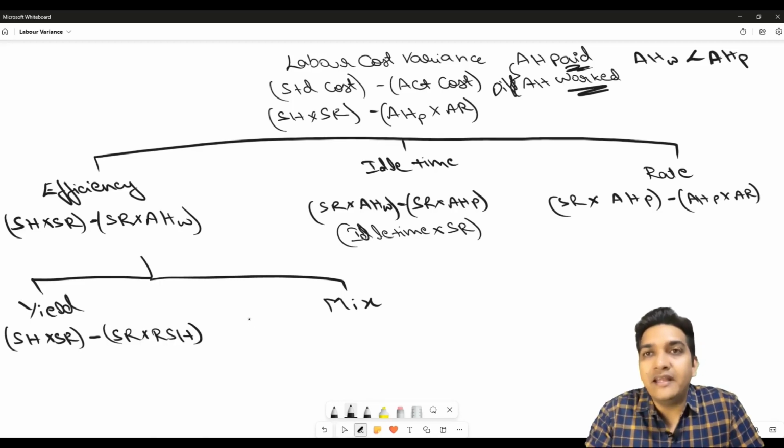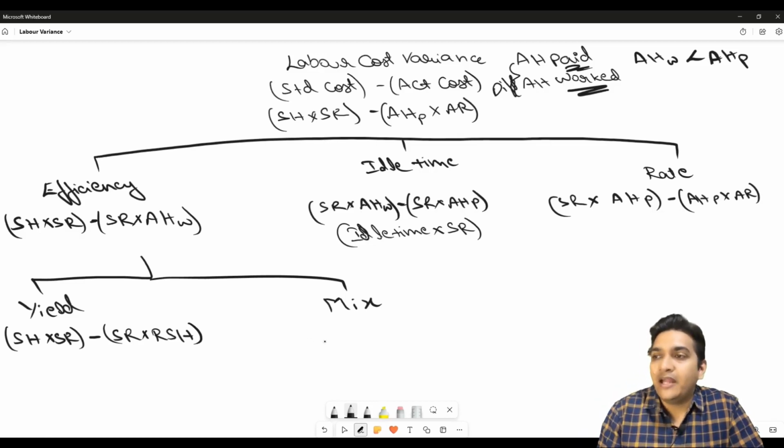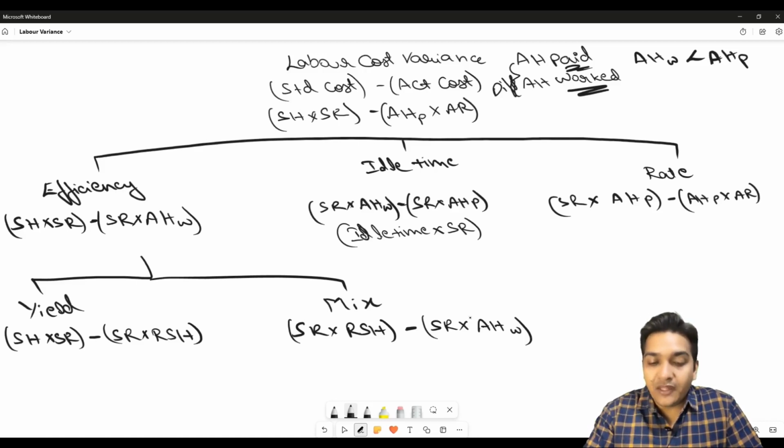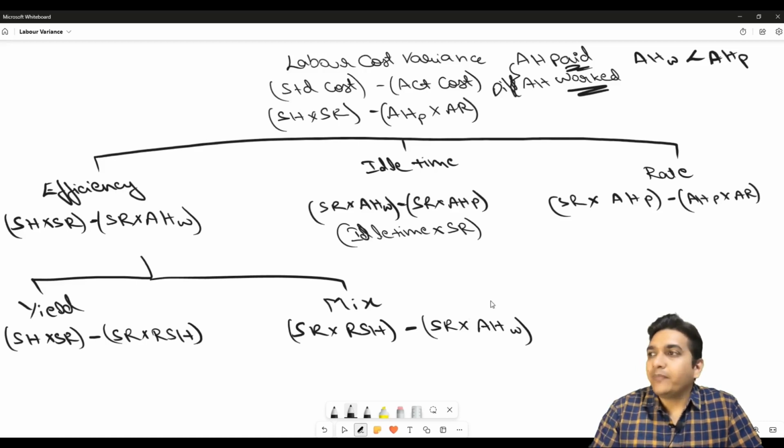So in material we had revised standard quantity, here we have revised standard hours. To calculate mix, it is standard rate into revised standard hours, minus standard rate into actual hours worked.